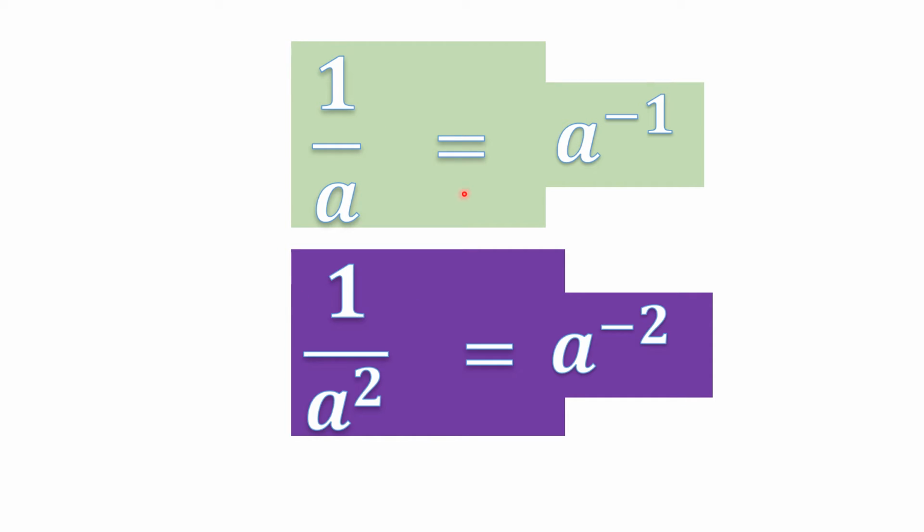A raised to minus 1 means 1 by a, means a is in the denominator. What is the denominator and numerator? This is the numerator, the upper number, right? And this is the denominator, the number below, right? So 1 by a is equal to a raised to minus 1. Whenever you see a raised to minus 1, you have to know that it is 1 by a.